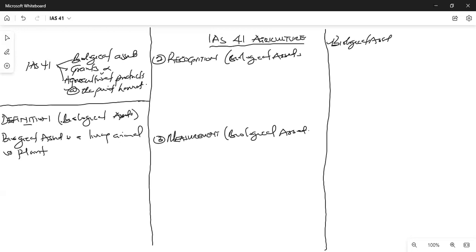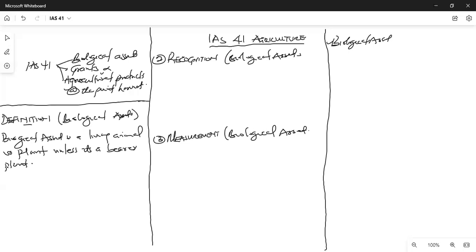So IAS 41 continues to tell us that all these things are biological assets, as you said here, unless it's a bearer plant. We will come back and talk about what a bearer plant is, unless it's a bearer plant. All right. Okay. Now we all know that some plants are actually there to be used for reproduction.